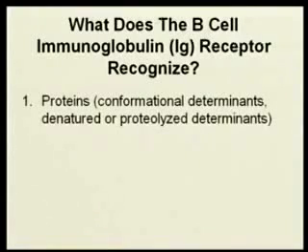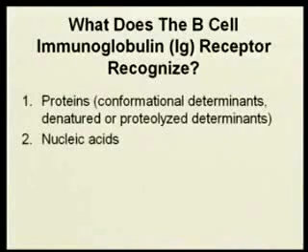For example, they can recognize proteins, a number of different forms of proteins. It can be a conformational determinant on that protein, so how it folds. They can look at denatured parts of the proteins, or even proteolyzed determinants. So they can recognize a number of different proteins and a number of different forms of the proteins.